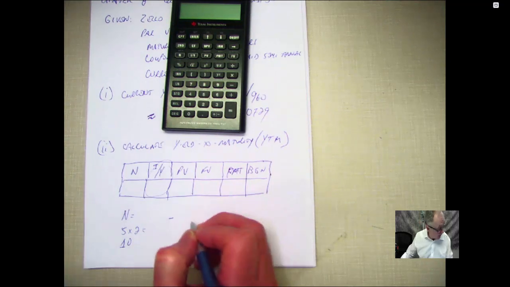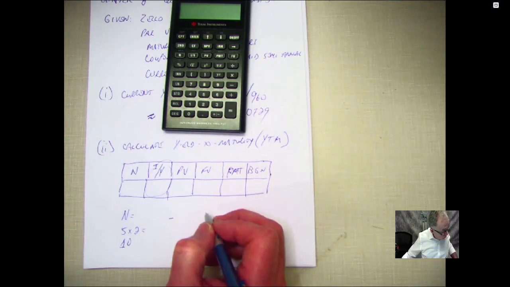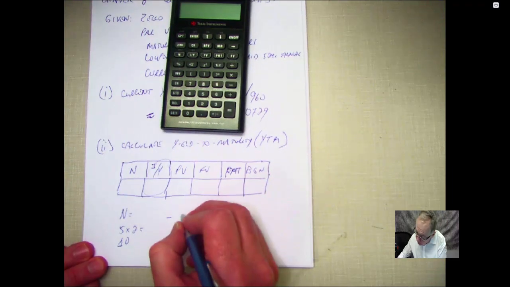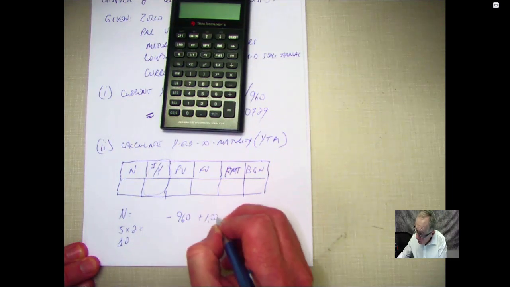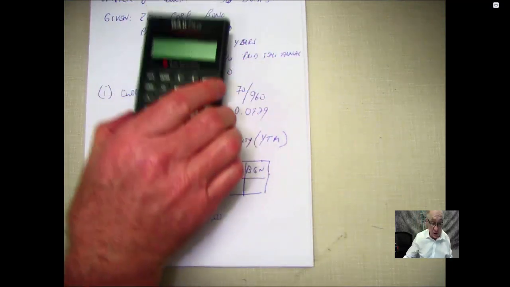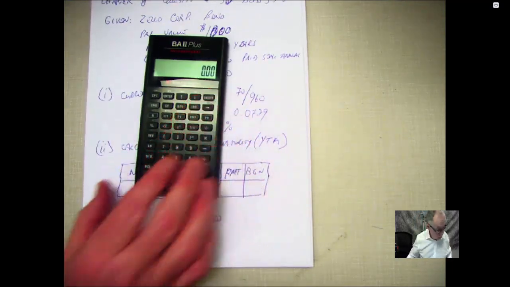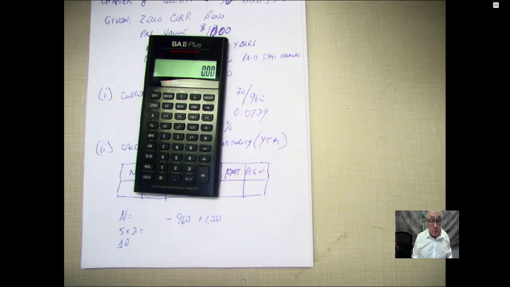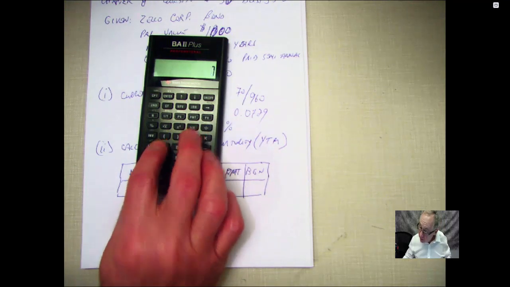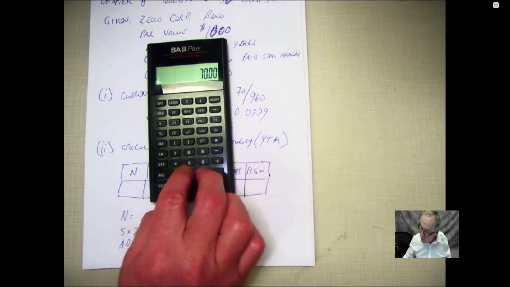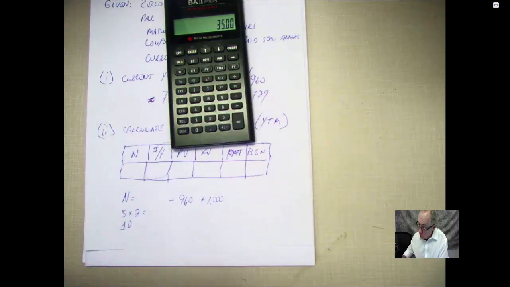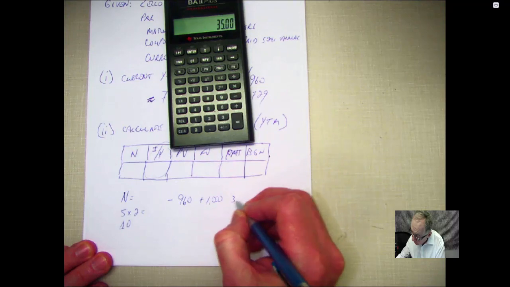Present value is given as information, so minus 960. Future value is 1,000. And payments: 7% yield is $70 total during the year, 2 payments, so set payment at 35.